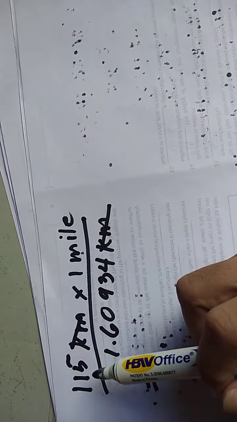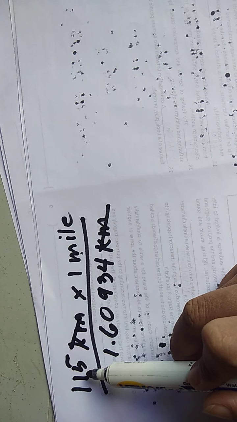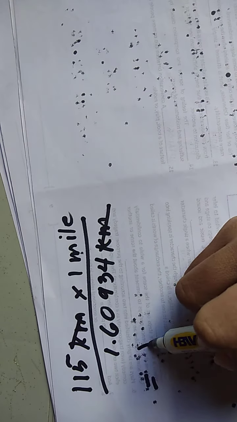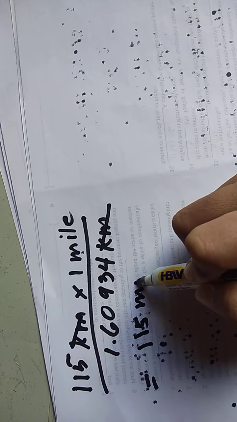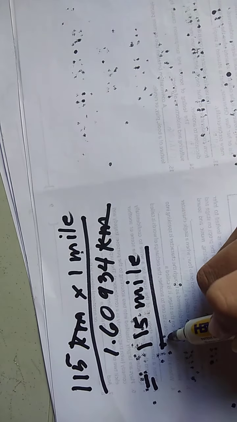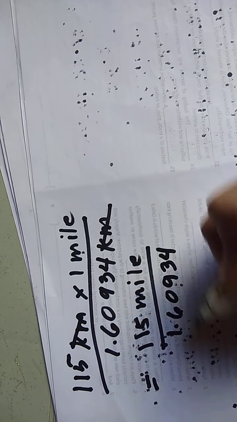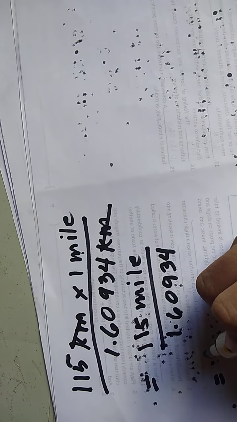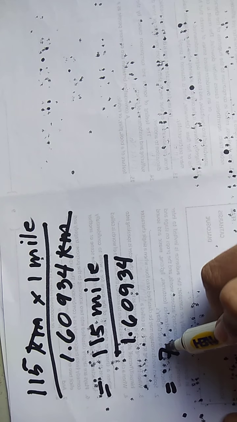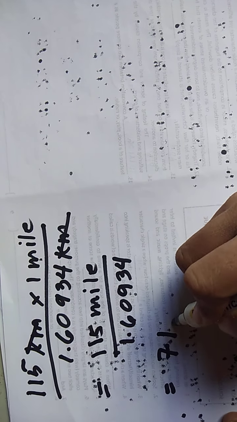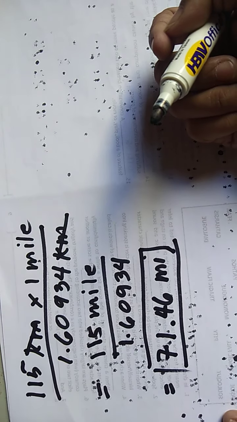Then proceed with the operation. 115 times 1 mile will be 115 mile divided by 1.60934, and the answer will be 71.46 mile. Okay? Nakuha po. Yun po, as simple as that for letter C.